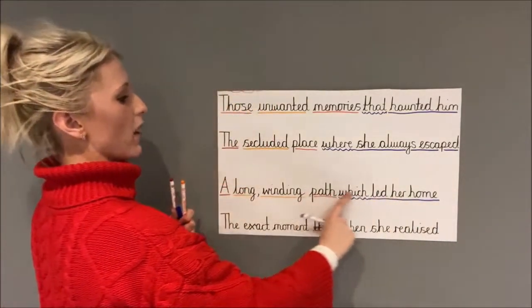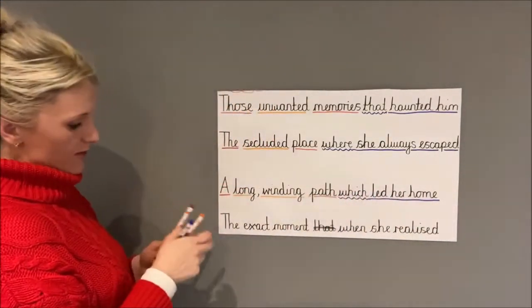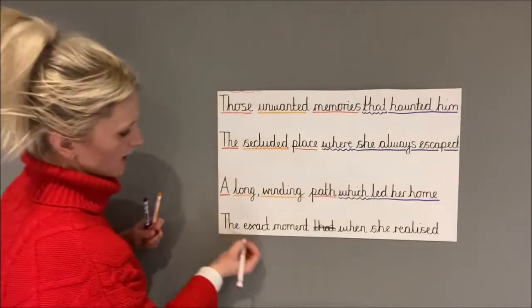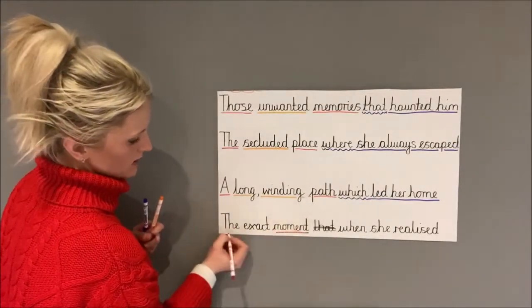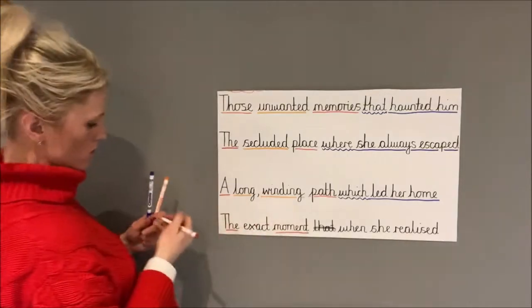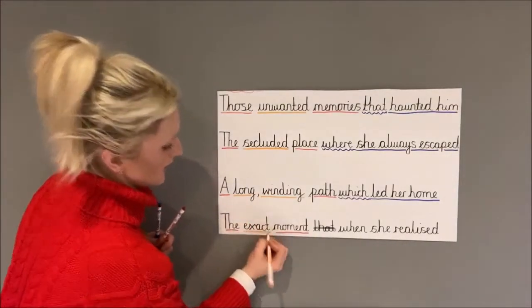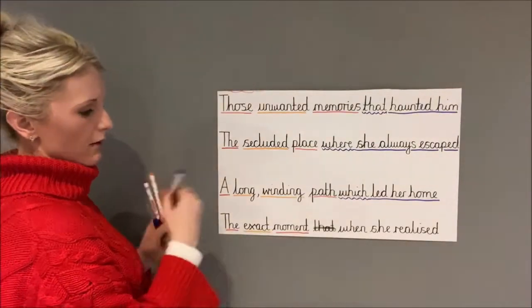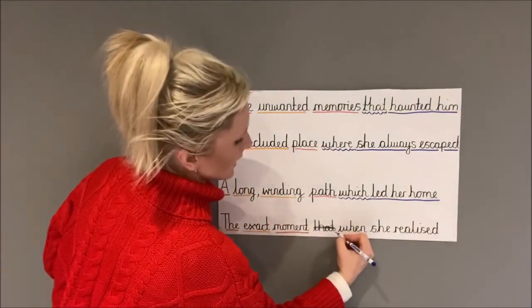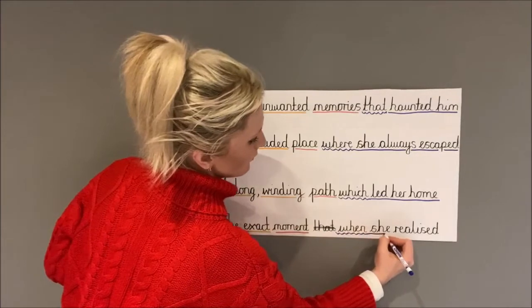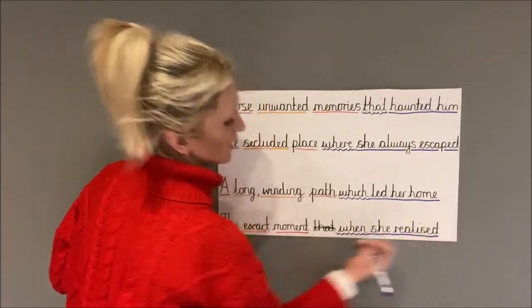A long, winding path which led her home. And then the last one I've done is the moment. So there is my determiner and my noun. I've used the adjective exact. The exact moment. My relative pronoun is when, which is part of my relative clause, when she realised.